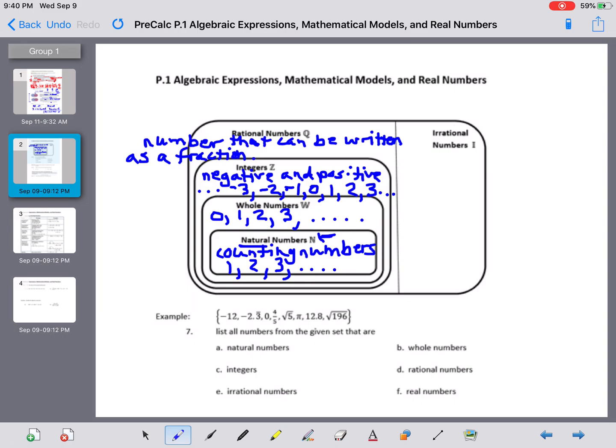Okay? But wait, it's only fractions? No. Think about all these numbers we've already talked about. Can I write -2 as a fraction? Sure. Put it over 1, and it's now a fraction.